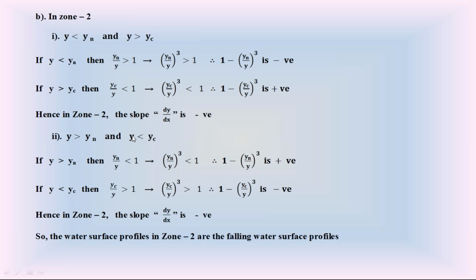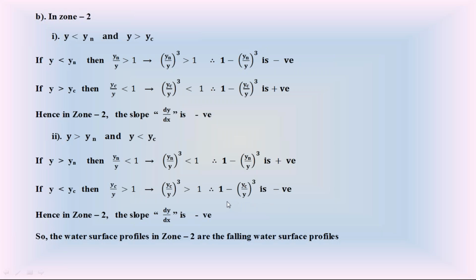But if y is less than yc, yc by y is greater than 1, because the depth of flow is less than the critical depth. So yc by y whole cube is greater than 1, so 1 minus yc by y whole cube is negative.